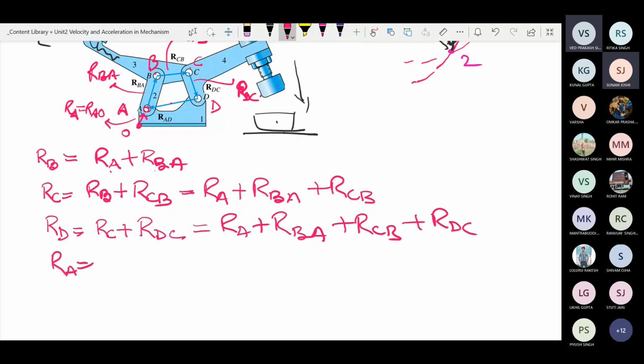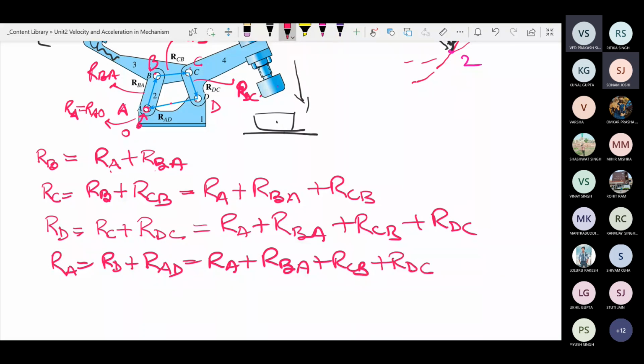The position vector of D, that is RD, plus RAD. And RD is what? I will write the previous one: RA plus RBA plus RCB plus RDC. And the last term is RAD. Now we started from joint A and we are back to joint A. So our loop closure equation, the final one, is complete now.